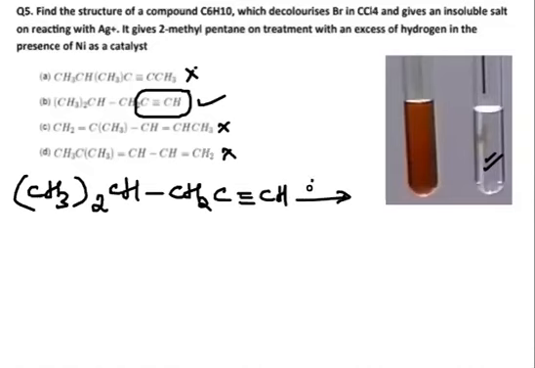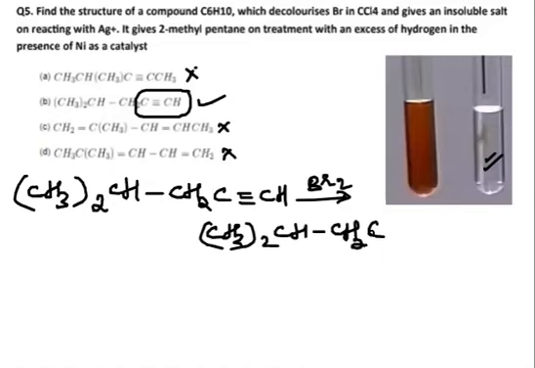When you're treating it with bromine and CCl4, it will end up with (CH3)2CH, CH2, CBr2, the triple bond gets converted to a single bond. So again, bromine here, and H. This molecule will be decolorizing the reddish brown color of bromine.